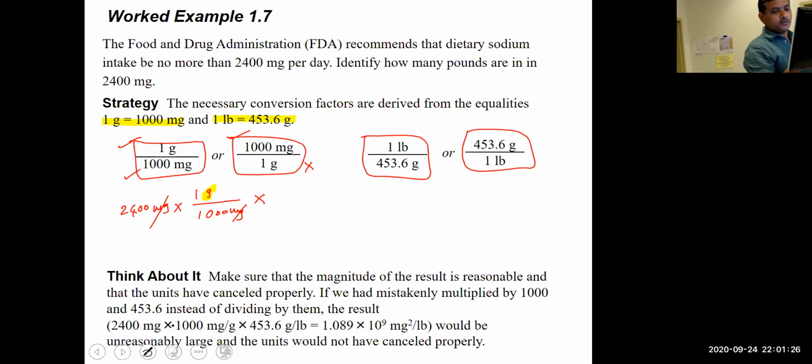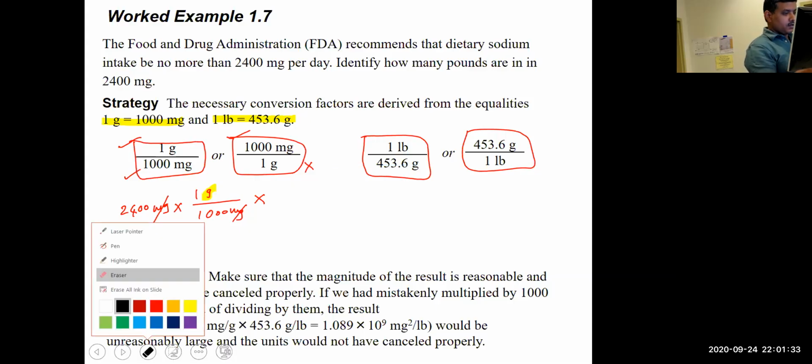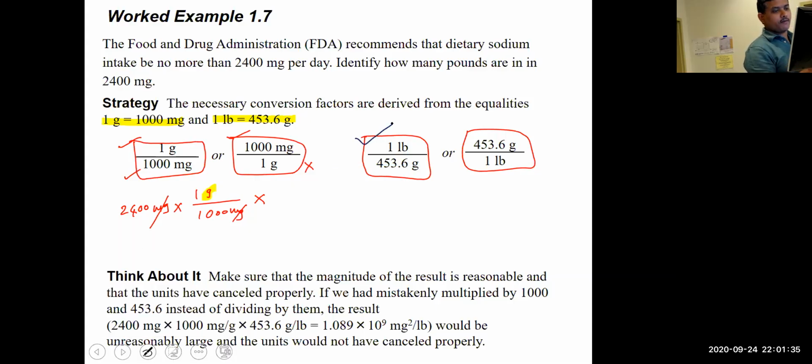So you're going to use this conversion factor. So let's multiply that by 1 lb over 453.6 grams. So grams and grams are cancelled again.